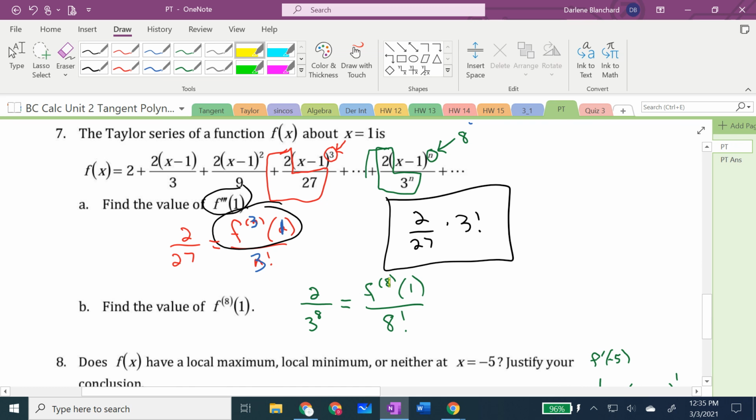And just to emphasize, these are what are so important to match. At that point, all you have to do is take that coefficient, multiply by 8 factorial. You don't have to simplify. You can call it a day.